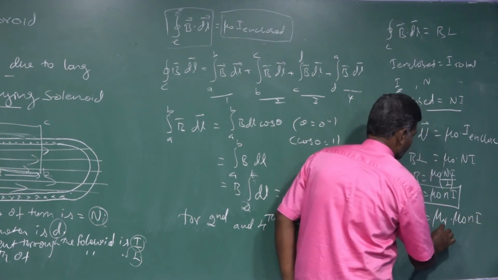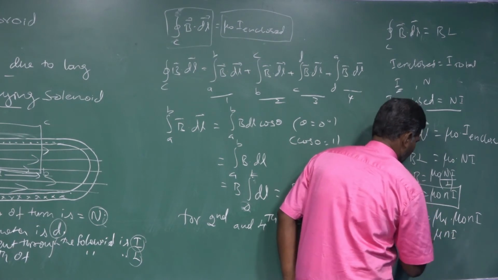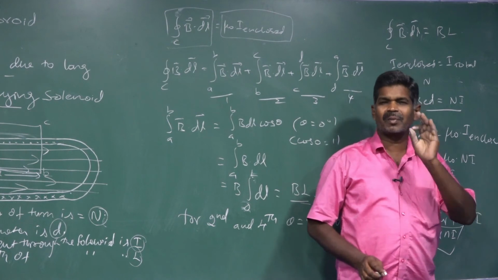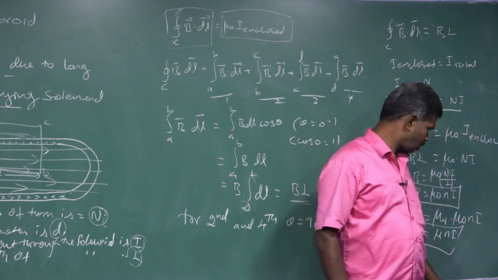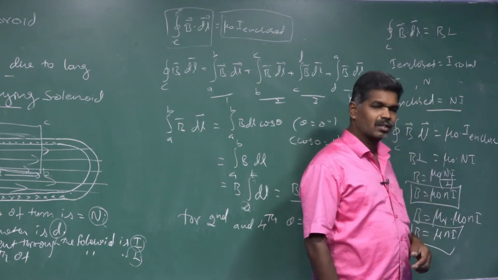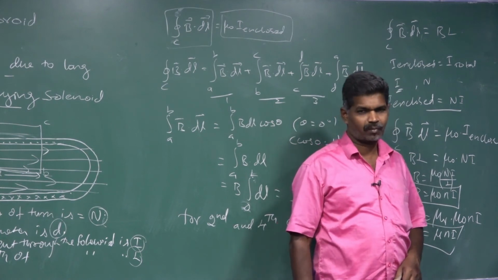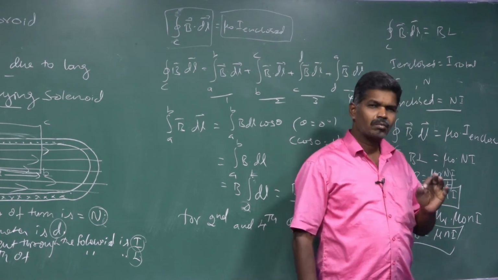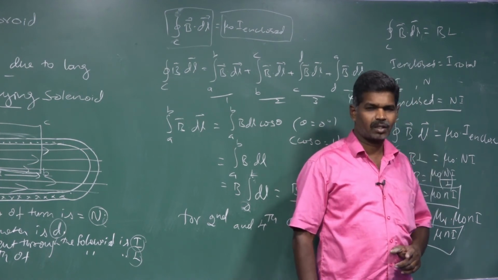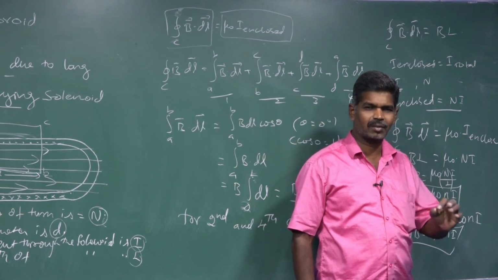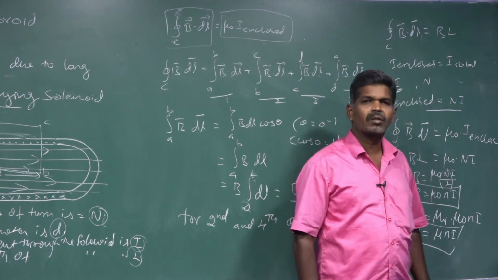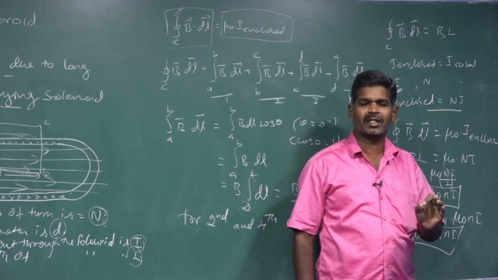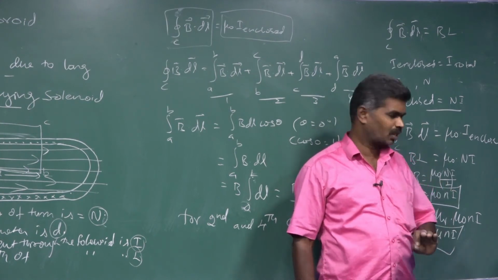The general formula for an air core is B is equal to mu naught NI, but if it is a medium, B is equal to mu r mu naught NI. Otherwise mu r into mu naught can be taken as mu, that is B is equal to mu NI. This is the formula for finding the magnetic induction along the axis of the solenoid.